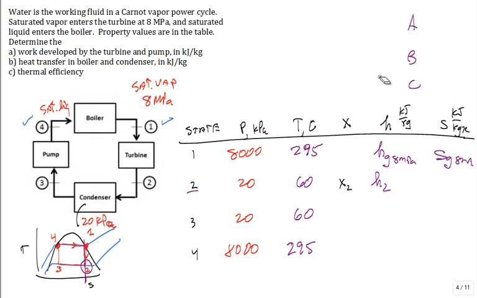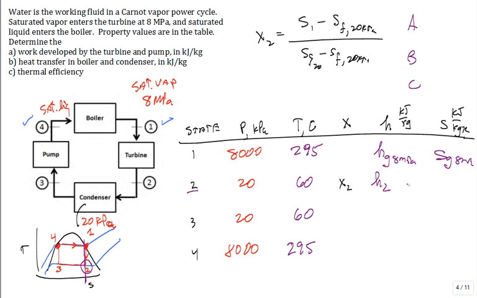It's isentropic expansion such that, is X2 equal to S1 minus Sf at 20 kPa divided by Sg minus Sf at 20 kPa? Both of those are at 20 kPa. It's at the pressure, 20 kilopascal. Does that look good? That's how you get the quality.